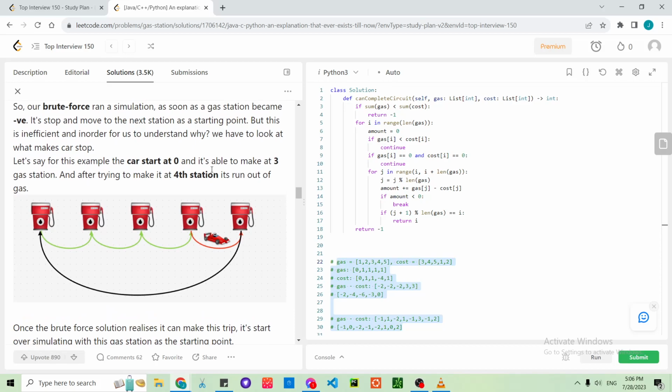Car starts at 0, it's able to make it to at least 3 gas stations. After trying to make it to the fourth gas station, it ran out of gas.